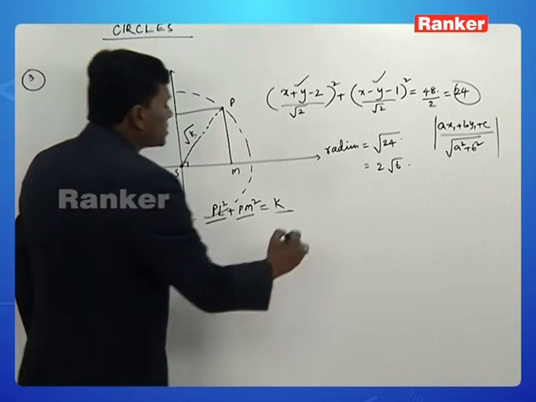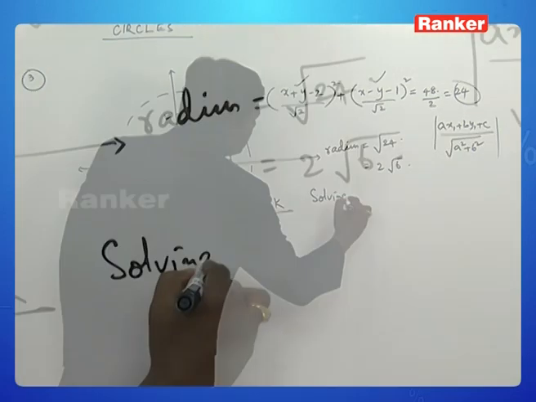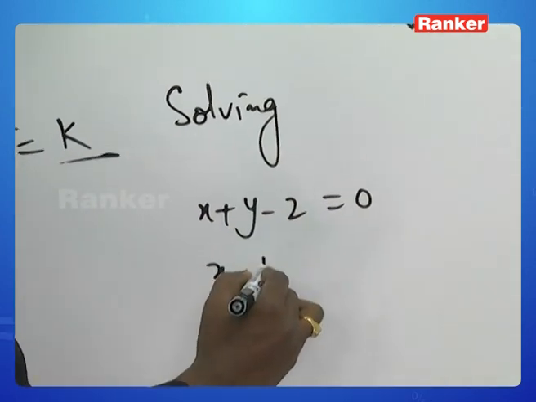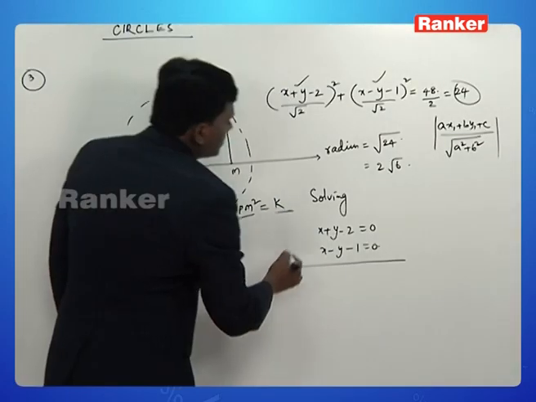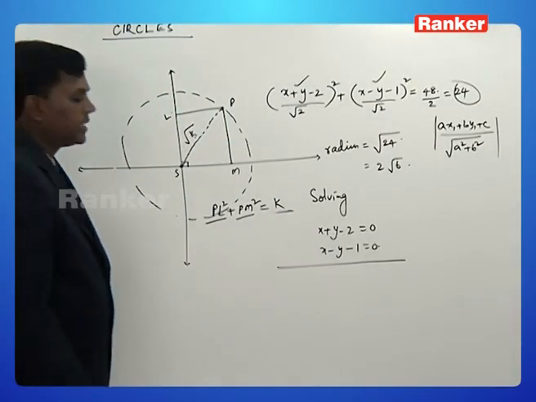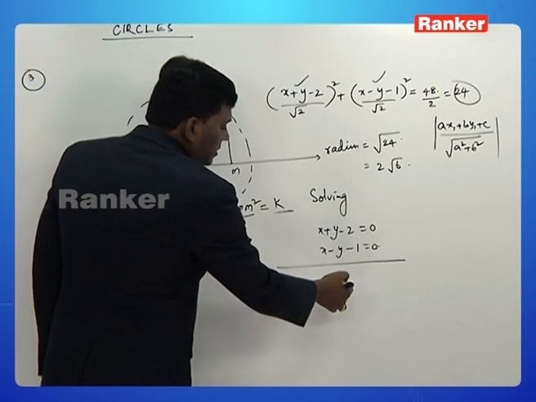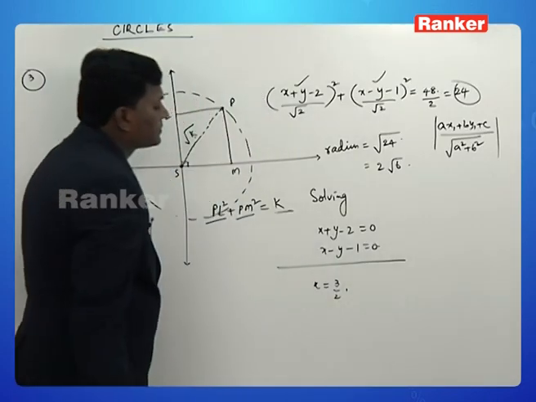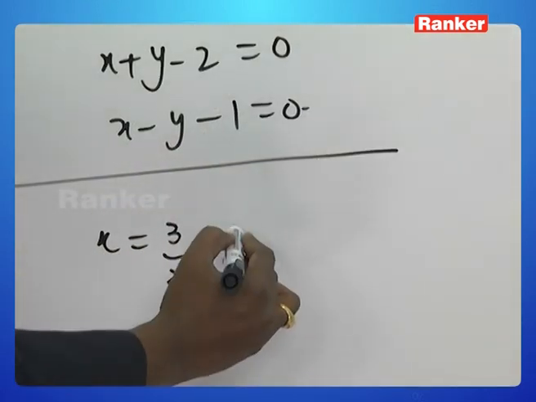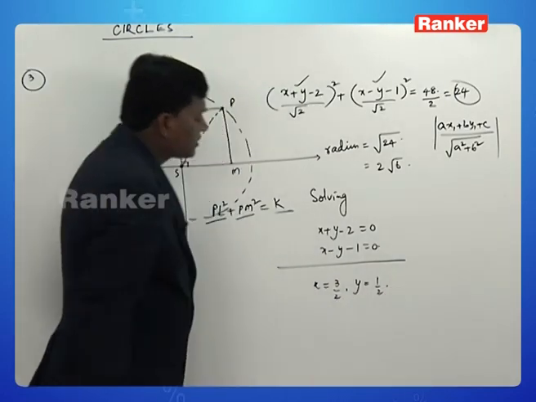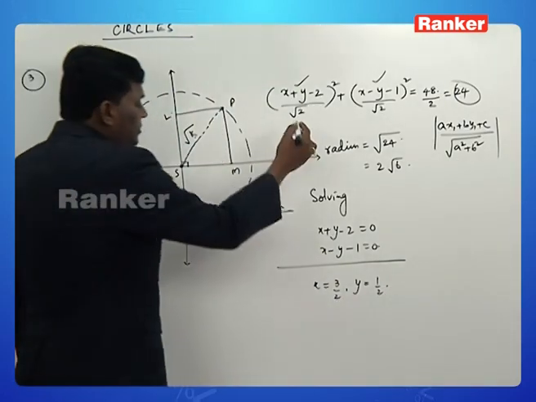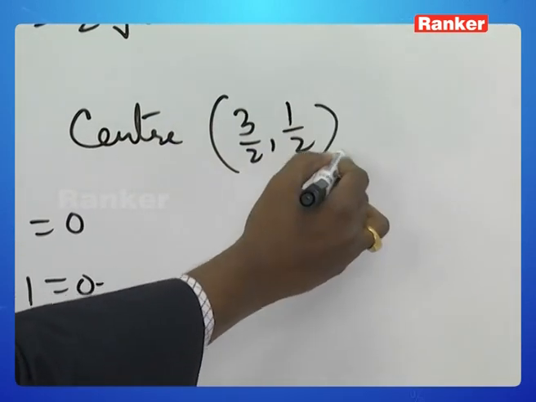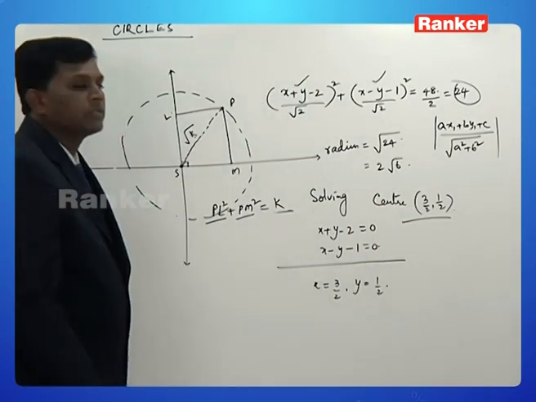So solving the given two lines, x plus y minus 2 equals 0 and x minus y minus 1 equals 0, y minus y gets cancelled on addition, 2x minus 3 equals 0, x will be 3 by 2 and y will be 3 by 2 minus 1, which gives 1 by 2. Therefore, the center of this circle will be (3/2, 1/2) and the radius of this circle is 2 root 6 units.